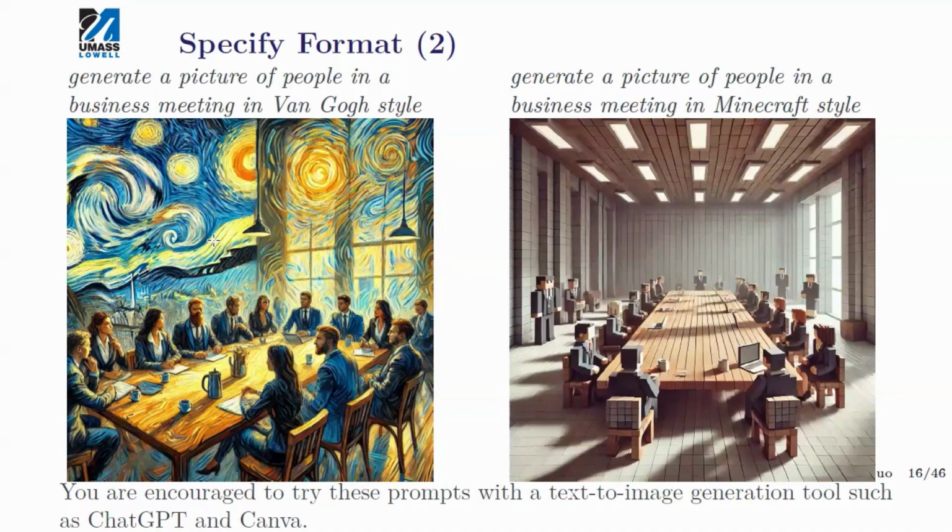For example, let's say at one time I wanted to generate a family picture with a small baby girl, grandparents, parents and a bigger sister. Man, it was so hard. It generated either missing the grandparents or missing the big sister, or it's just not the ones that I would like to see. So there are a lot of imperfections still there. So I encourage you to try a few examples in these tools.